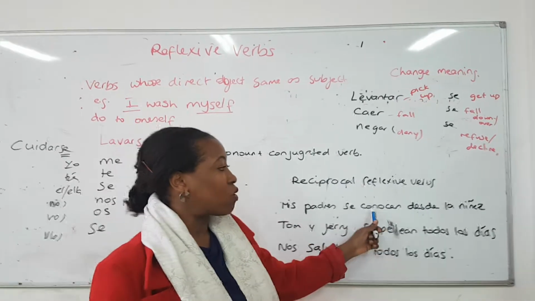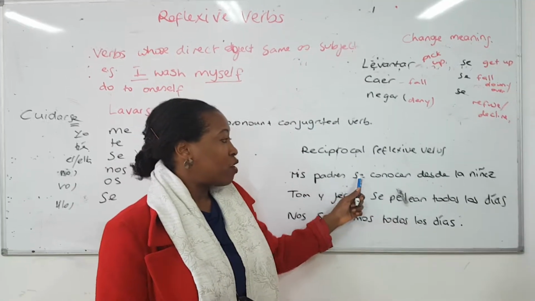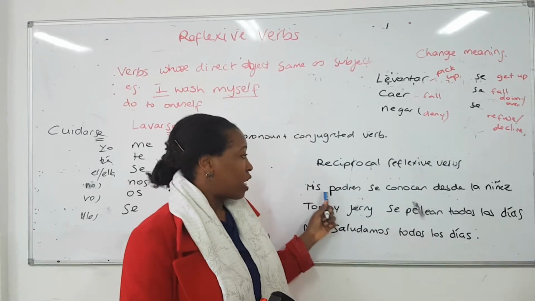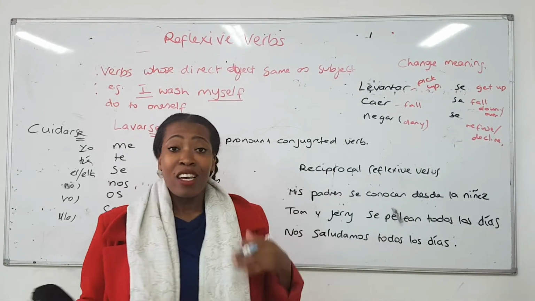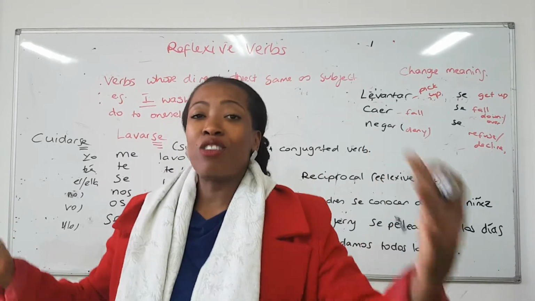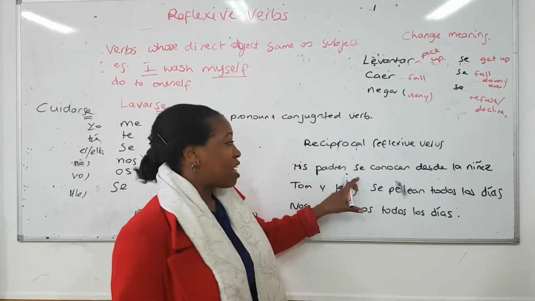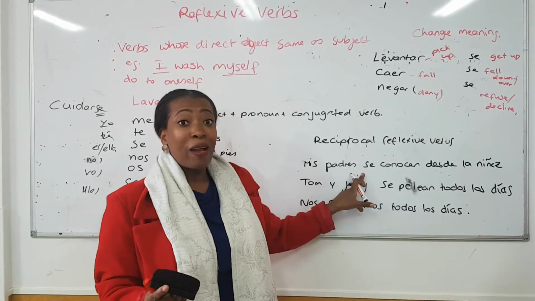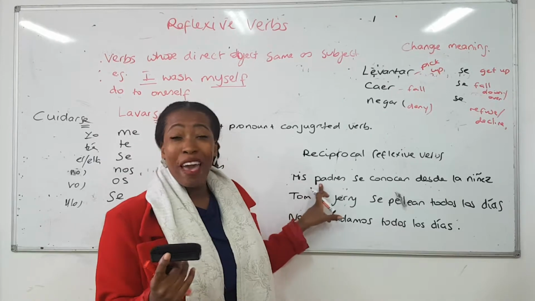Mis padres se conocen desde la niñez. My parents have known each other since childhood. In English it would be necessary to say each other, but in Spanish you don't need it because the se implies that it's those two, my parents.